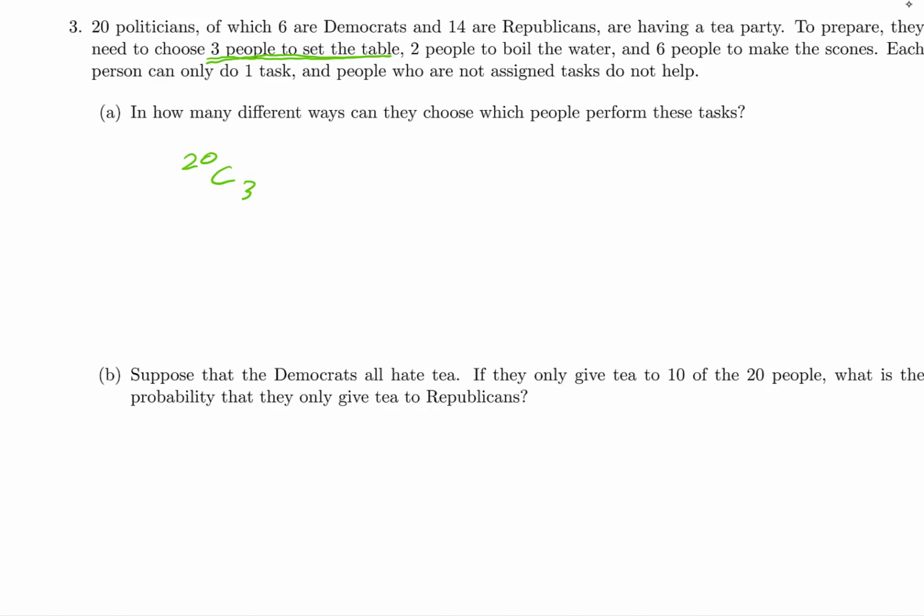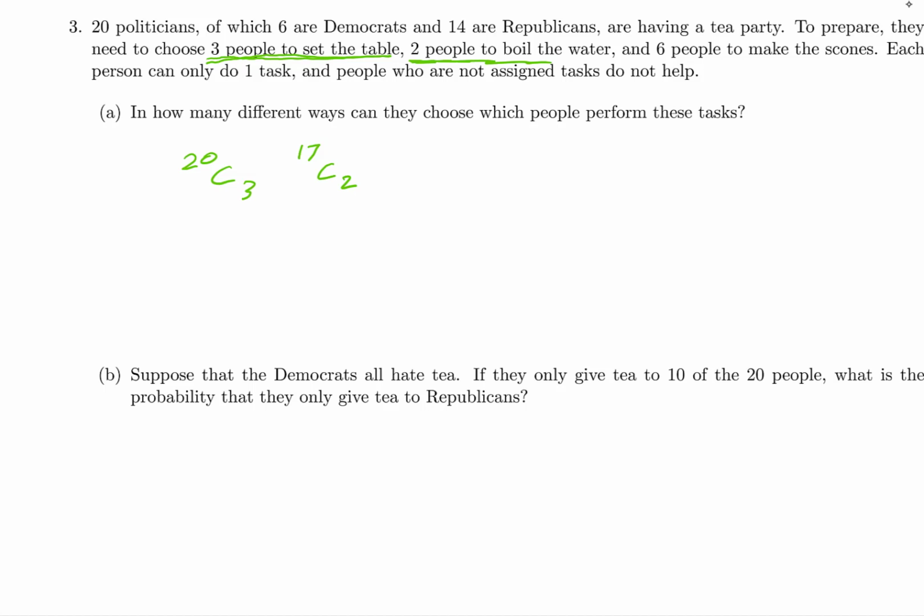Once you pick 3 for the first job to set the table, how many do we have? We have 17, right? From the 17 we need 2 people to boil the water. Therefore 17 C 2. Now how many do we have?